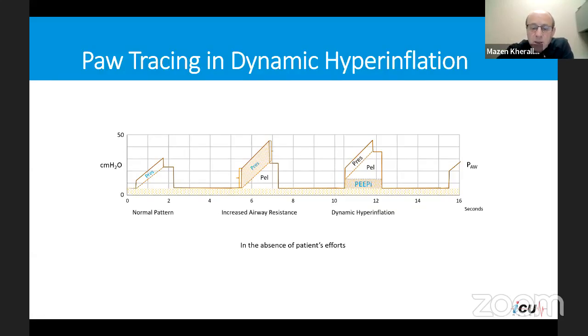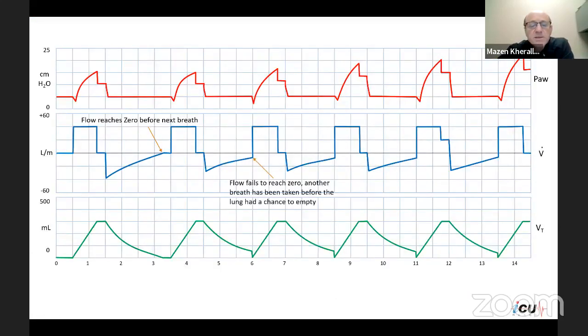Now the other thing is, you can see here that this is a patient with persistent flow at the end of expiration that actually happened after a normal breath here. So if you set the frequency at a higher frequency, or if the patient sometimes breathes at a higher frequency, you may not have enough time to exhale all the way.